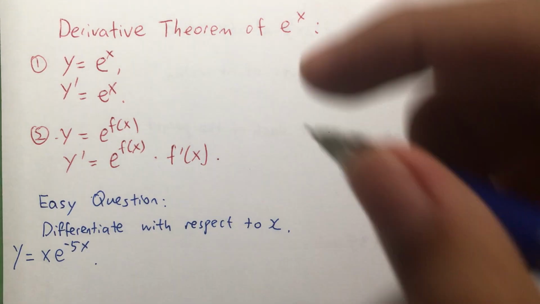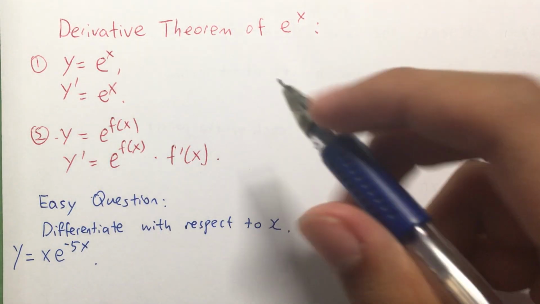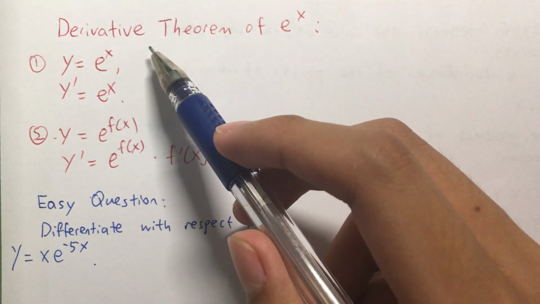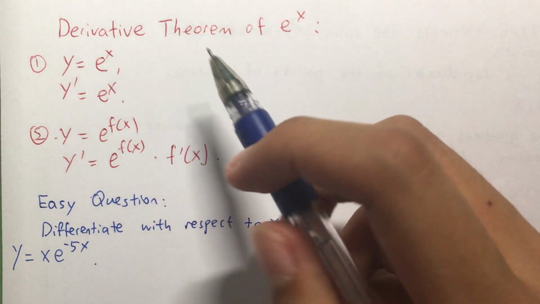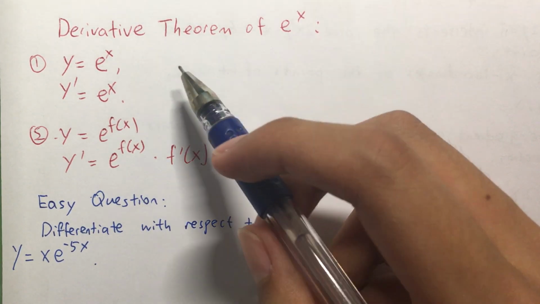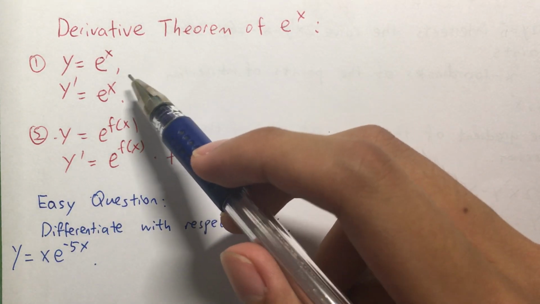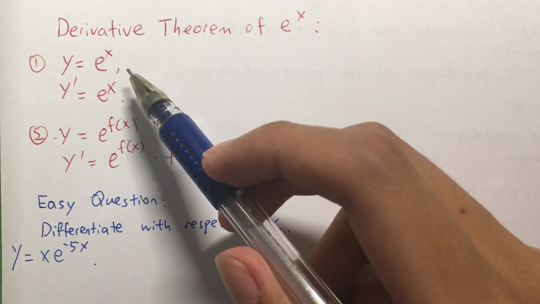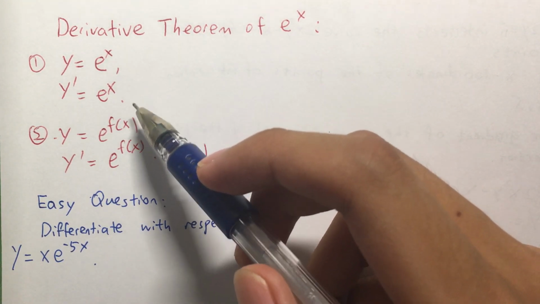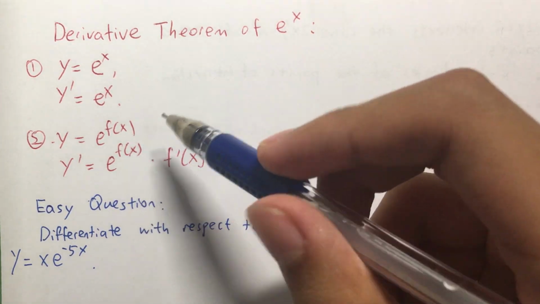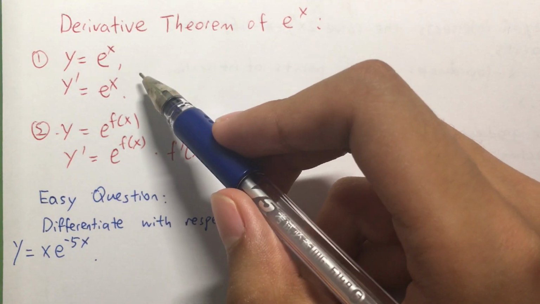Hello everyone. So today we're going to continue to do some more questions around the derivative theorem of e to the power of x. Yesterday we went through the two formulas, and I proved the two formulas too. If you are interested in how to prove it, you can go back to yesterday's video.